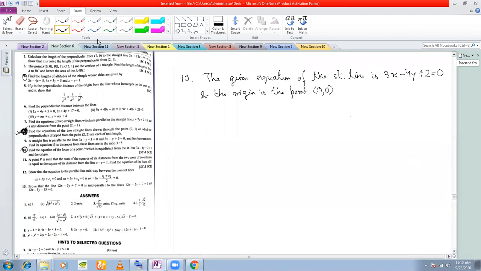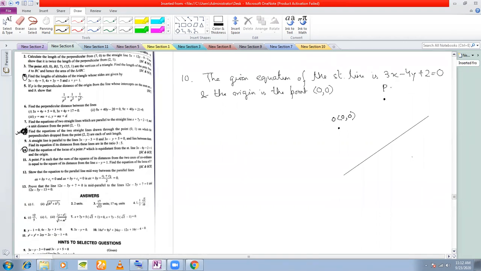Now what does this mean? Let's see in terms of a figure. Let us say this is our straight line. And suppose the origin is here, and suppose your point is over here.